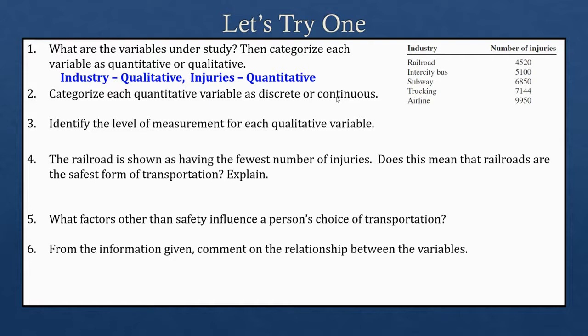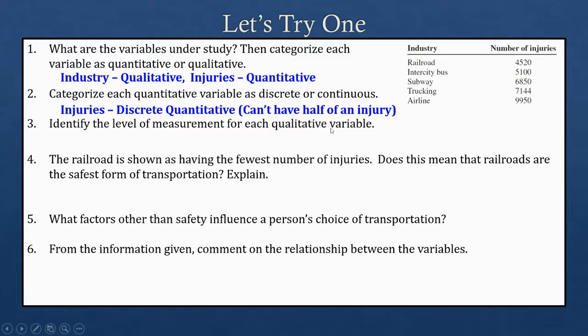For number of injuries, no one can take out a measuring device and measure the number of injuries. It's something that is counted, and you can't have half or three quarters of an injury. You either break your leg or you don't. You either lose a finger or you don't. So the quantitative variable being used here is going to be discrete. Again, you can't have half of an injury.